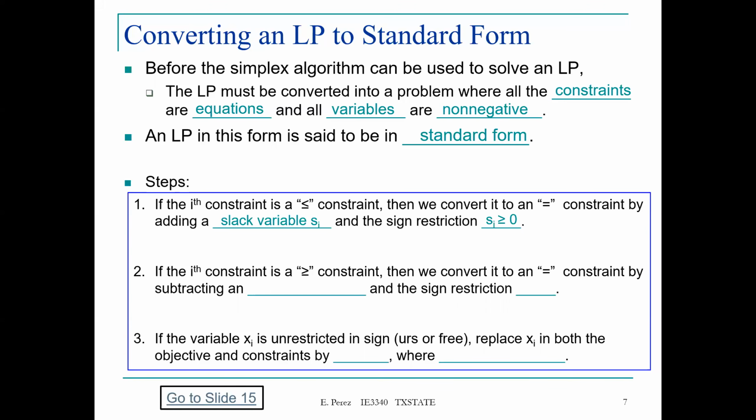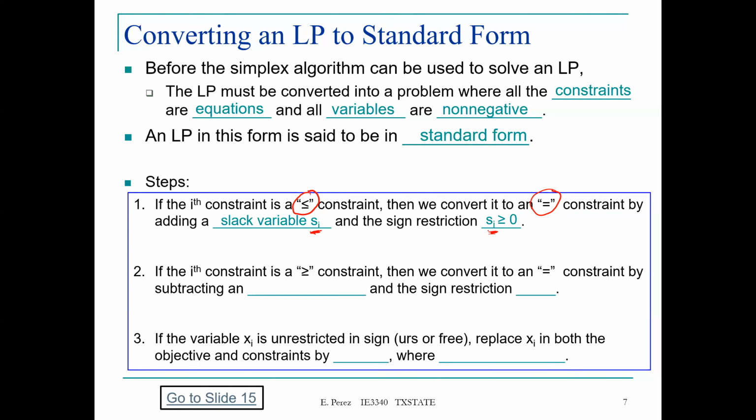So if we have an inequality of this form, less than or equal to, we are going to convert it into an equality by adding a slack variable that we are going to name s_i, and also adding the sign restriction, making that slack variable non-negative.